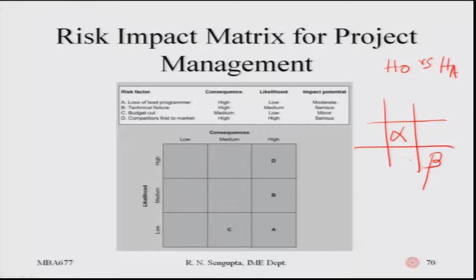Generally we know them as type 1 risk and type 2 risk, alpha and beta. The example I am going to give may not be directly relevant to project management work as such, but it will give you a good idea of how probabilities and hypothesis testing can be utilized.